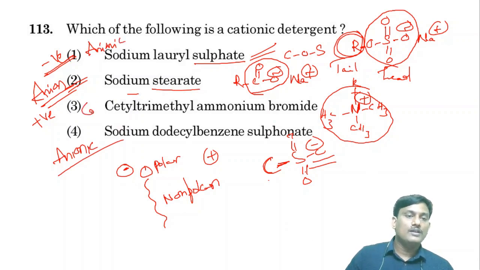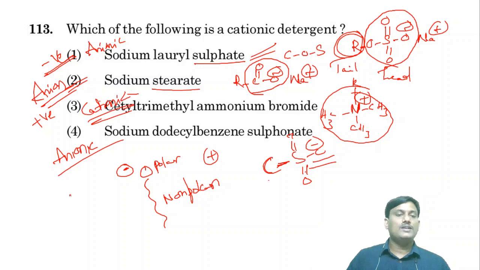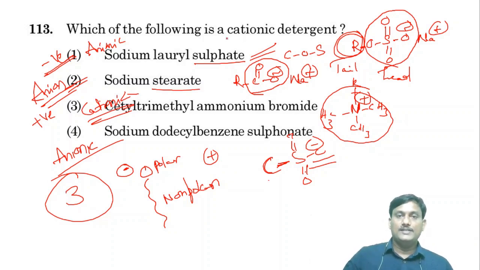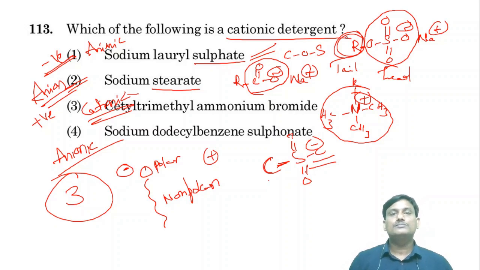And this one, a quaternary ammonium salt, is a cationic detergent. What is the answer? The third one. Cetyl trimethyl ammonium bromide is an example of a cationic detergent. Remaining questions will be discussed in part 2.